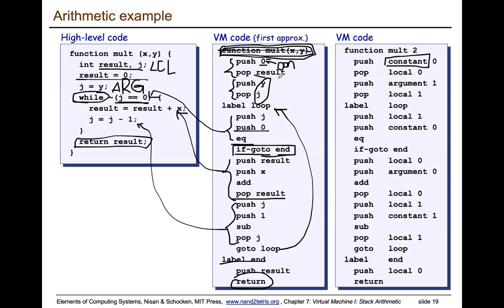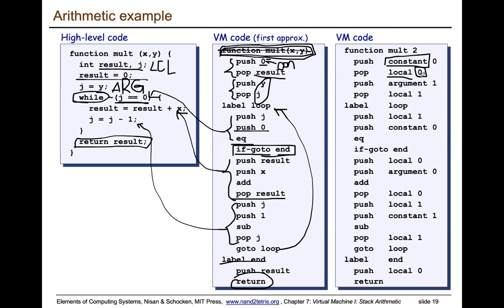This is the result, so I don't need to write result anymore, because this time the virtual machine code just indicates which segment it will be. Since the result is local, it's the local segment, the first position at the local segment, so it's position 0.